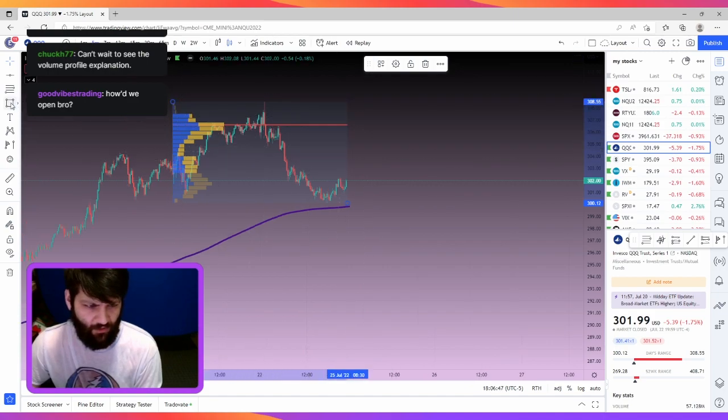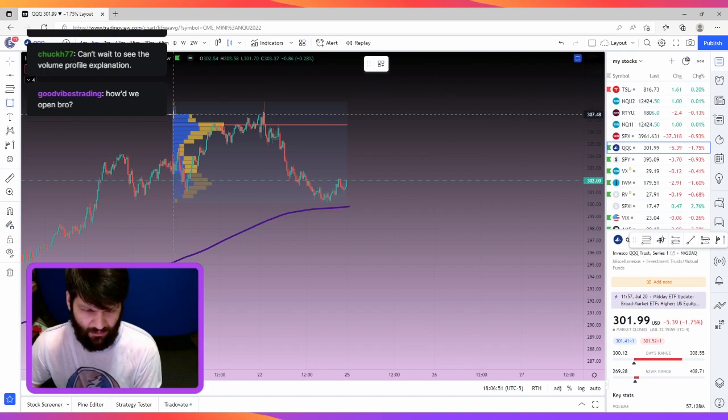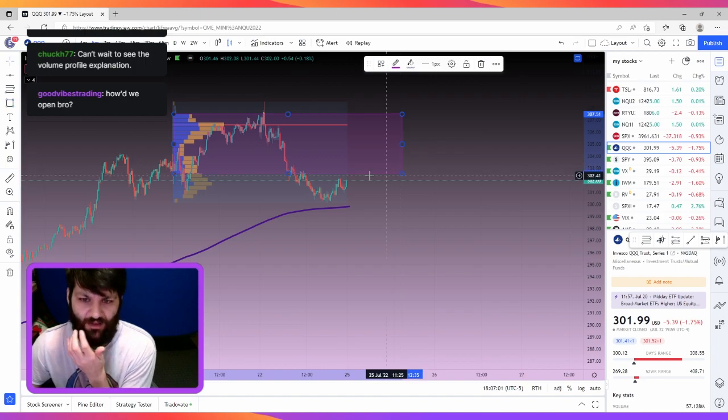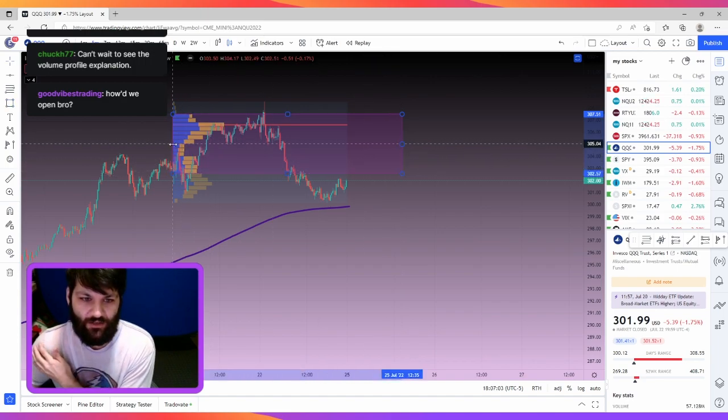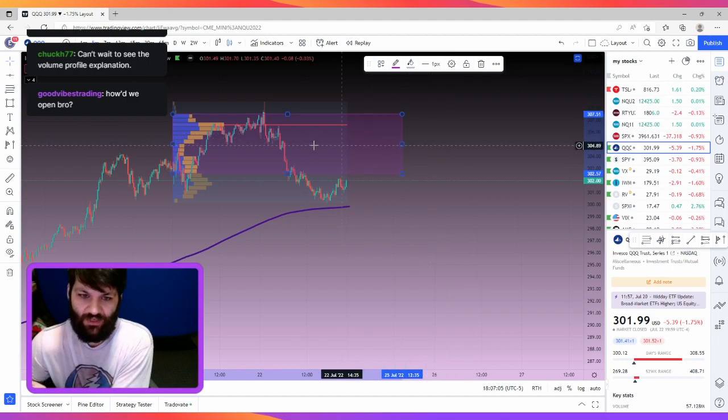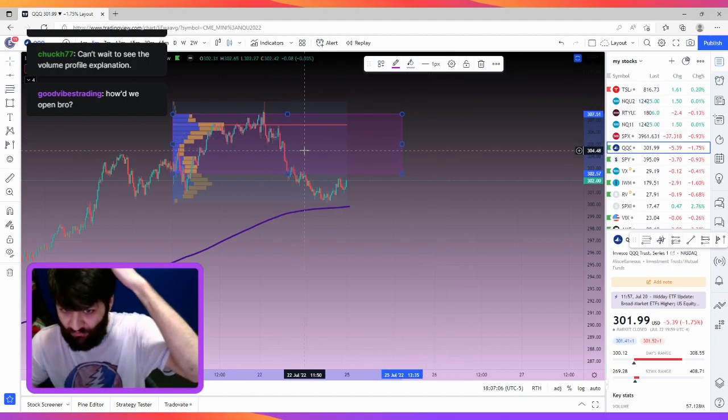And then what you're gonna go ahead and do is draw a rectangle from here to here. So these are the strong candles, all right? These are basically your high volume strong candles. So you're gonna draw a little range right there so that you can have it set and know this is your strong move area.